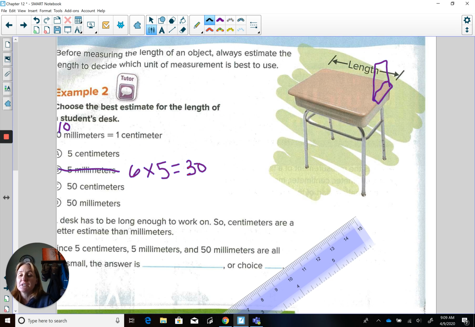What about 50 millimeters? That would be like lining them all up. Not 50 of them, because 6 pages give us, so we're looking at millimeters again. Would that be the best measurement to measure your desk?